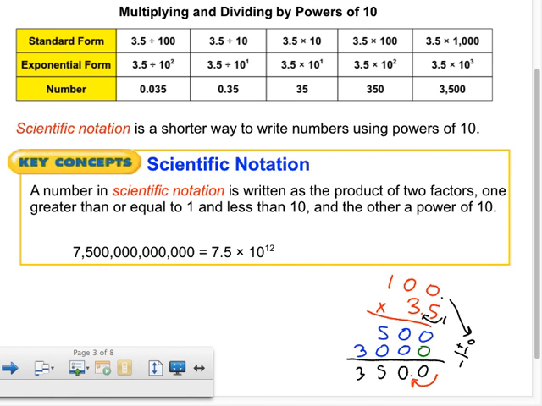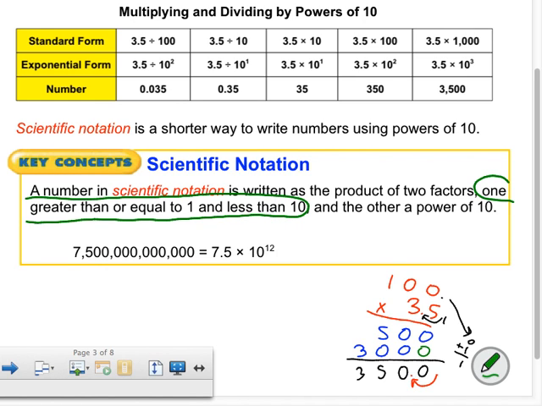Okay, scientific notation is a shorter way to write numbers using powers of 10. Here's the key concept. A number in scientific notation is written as a product of 2 factors. One of my factors is greater than or equal to 1 and less than 10.